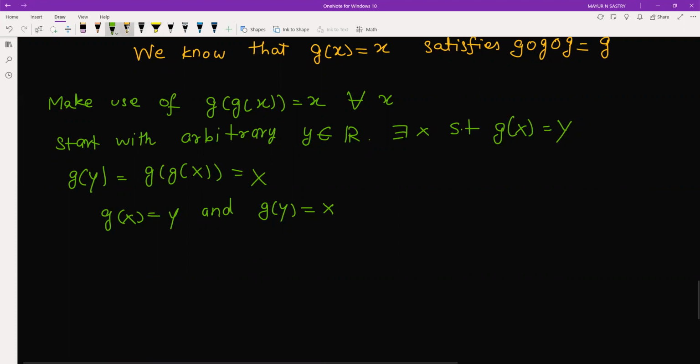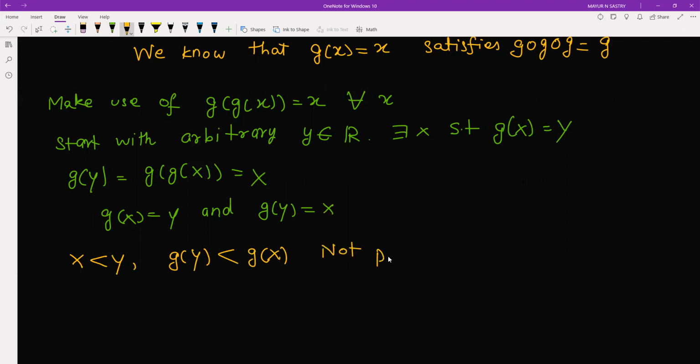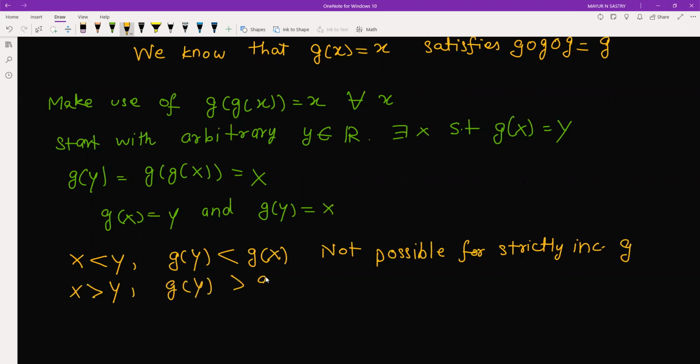To be more formal, if x is less than y, what happens is you have G of y less than G of x, which is not possible for strictly increasing G. Similarly, if x is greater than y, then G of y is greater than G of x.